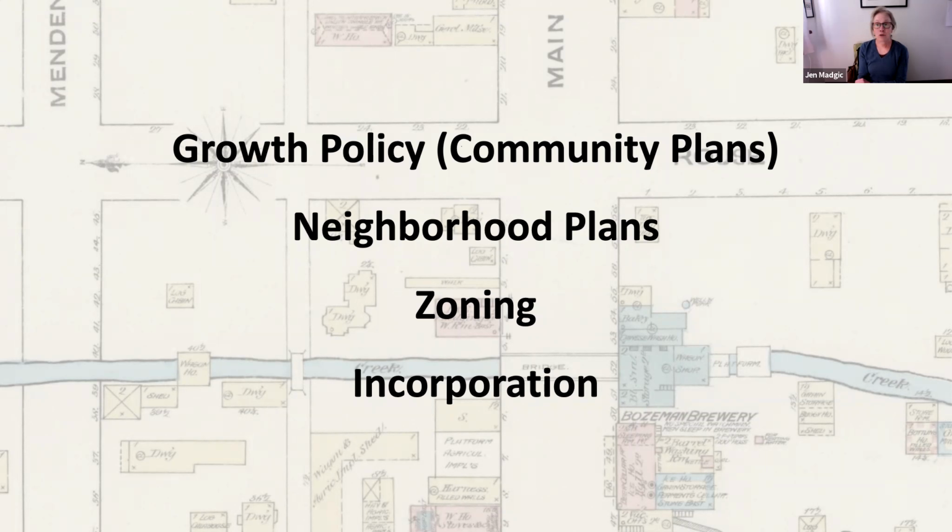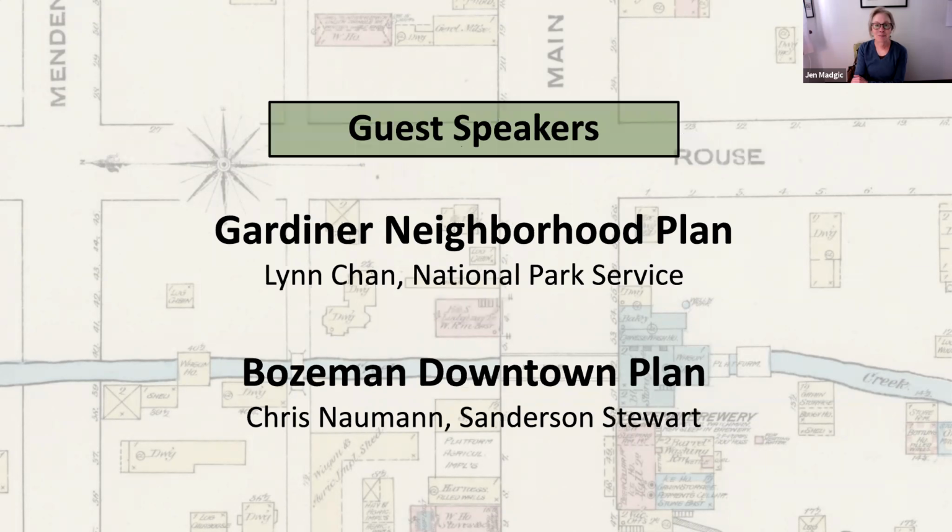So Gardner is currently unincorporated. So its form of government is the Park County Commissioners. So incorporation would be changing the form of government in Gardner and giving them a little more local control. But just to give you an idea of kind of the different kinds of tools out there.